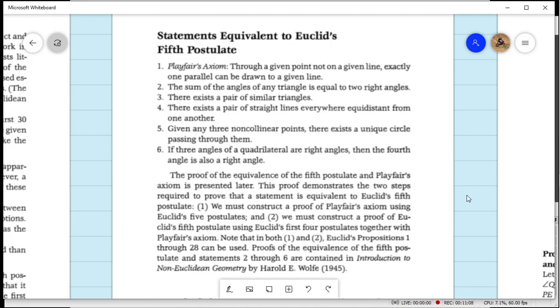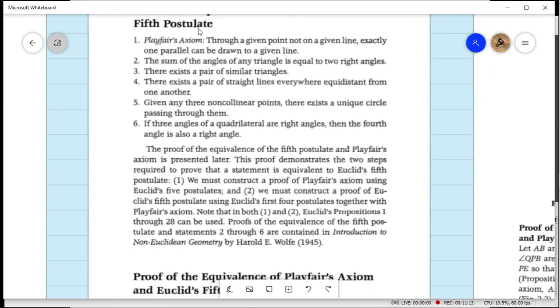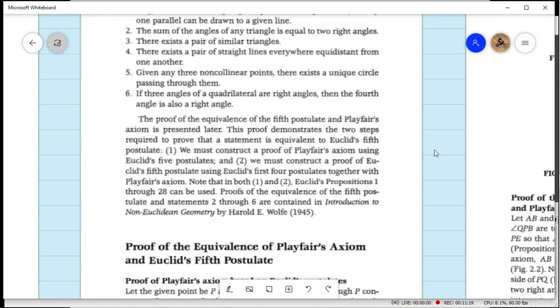Okay, so we have here a proof showing that indeed Playfair's axiom is equivalent to the fifth postulate of Euclid.